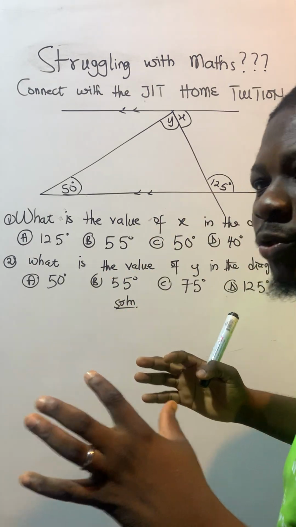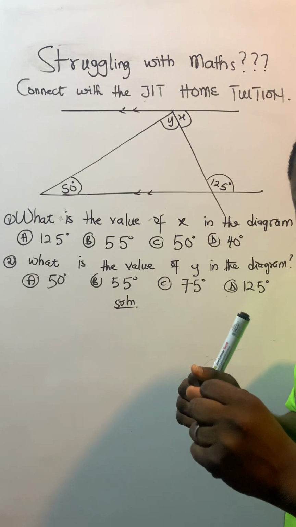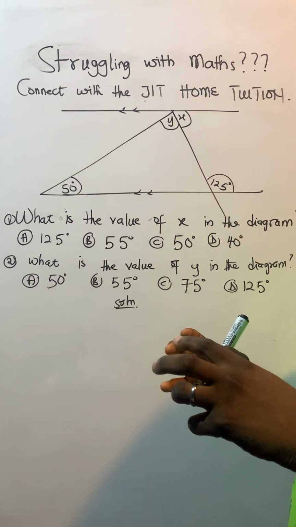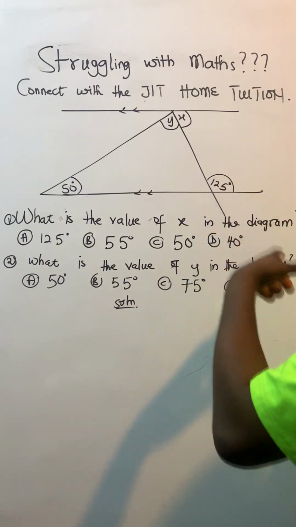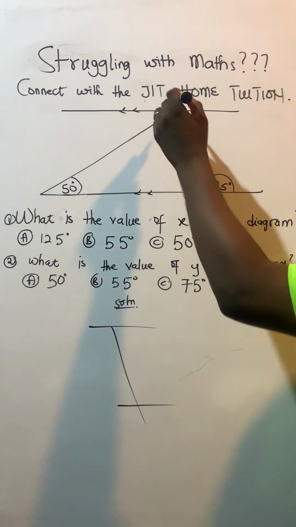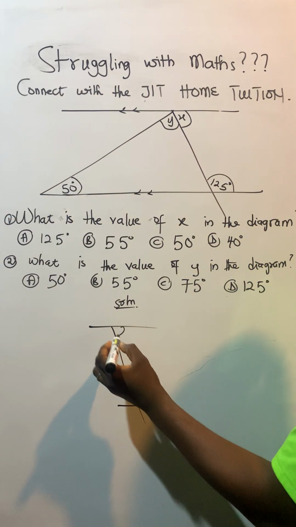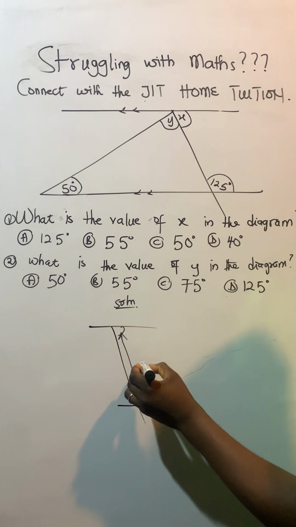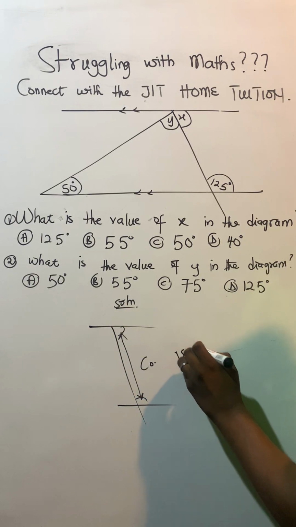Now there are so many ways to go about solving these questions, but because of how limited my time is in terms of teaching this very particular question, I'm going to limit it. One of the ways that you can go about finding x is, when you have this line parallel to this line, they are moving this way. So the angle at this side and the angle at this side, when you put them together, we call it co-interior angles, and the sum of that is equal to 180.